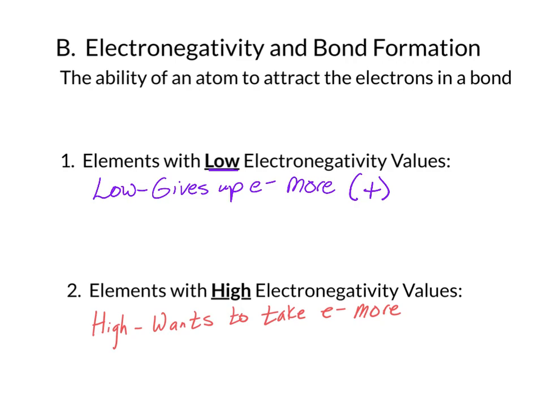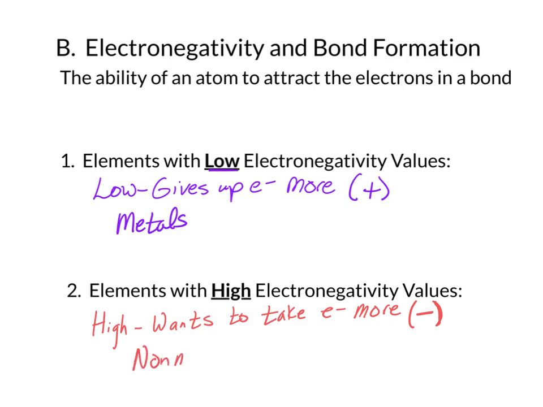And the elements with high electronegativity values are the ones that like to take in the electrons, and they're more likely to have a negative charge. So you might expect that anything that is likely to become positively charged is likely to have a low electronegativity value. And that's what we see. So generally speaking, metals have low electronegativity values, while nonmetals have higher electronegativity values.